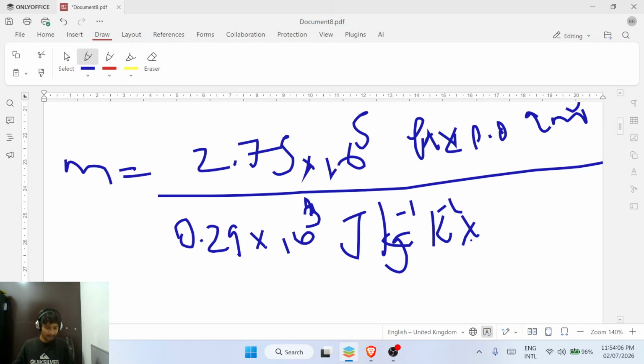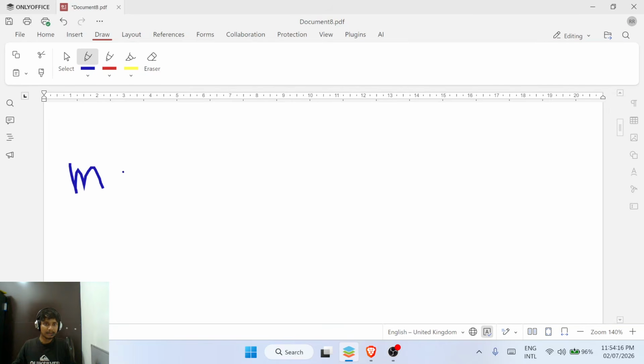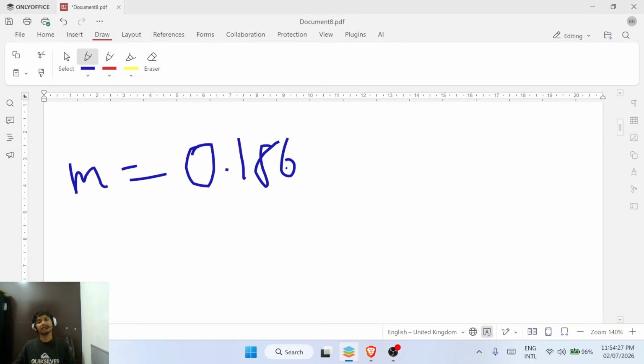I convert kilojoule to joule to minimize mistakes. Into T1, which is 458.15 Kelvin. If you calculate the equation, finally we get the mass of the gas, which is 0.183 kilogram.